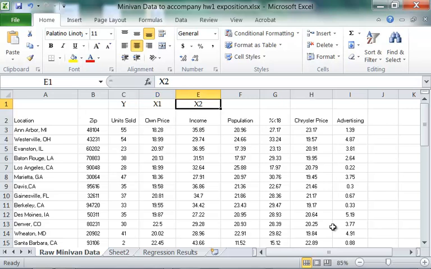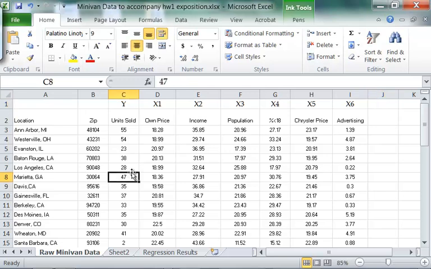The second one is going to be the average income in that area. After that, we can think of it as the population in that area, the number of small people who require you to buy a minivan in that area, the price of your competition, and how much money you spend on advertising, right?